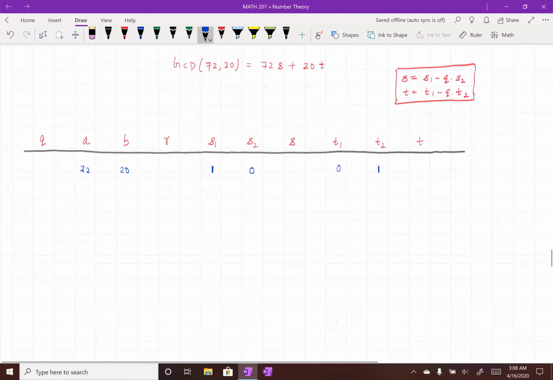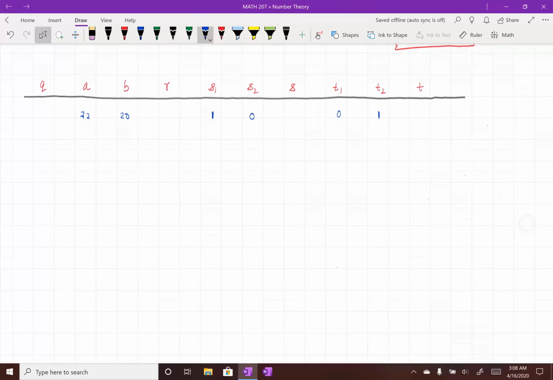Since 72 can be written as 3 times 20 plus 12, my quotient will become 3 and my remainder is equal to 12. So I will put quotient 3 and remainder 12 here, and then I can use the formula S equal to S1 minus Q times S2, and T equal to T1 minus Q times T2.